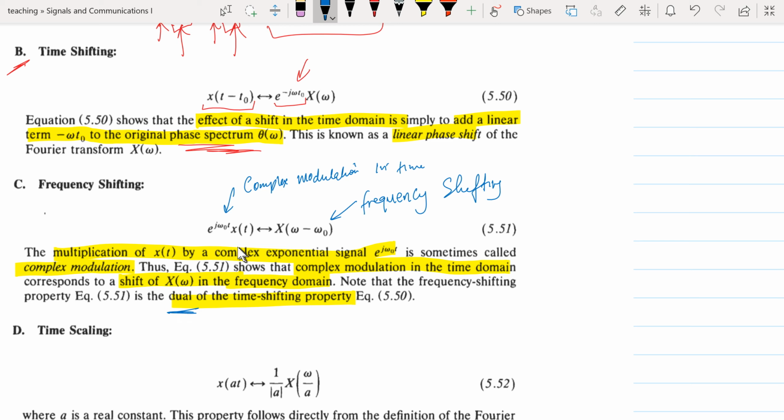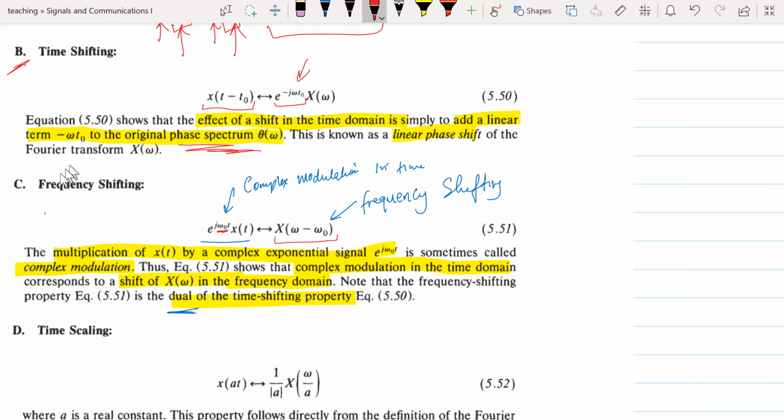Just to illustrate that, you are doing complex modulation in the time domain, and you are shifting the frequency in the frequency domain by a frequency that is equivalent to the phase that you introduced in the time domain.